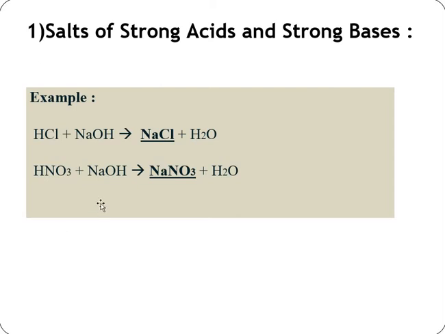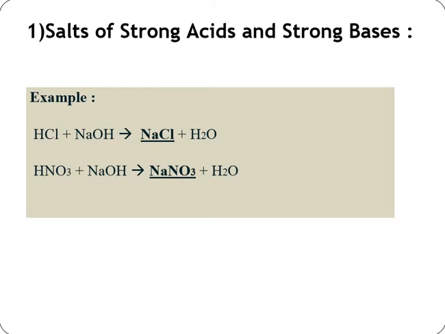These types of salts are called salts of strong acids and strong bases. This is an example: HCl reacts with sodium hydroxide, it gives NaCl. So NaCl is an example of salt of strong acid and strong base.